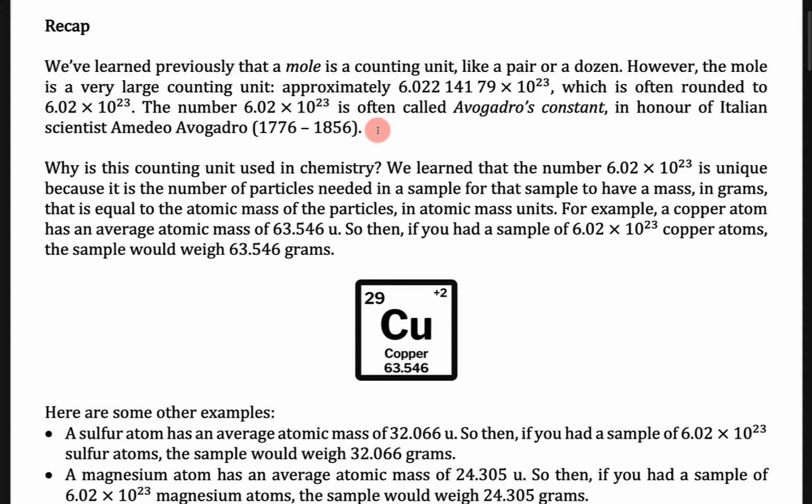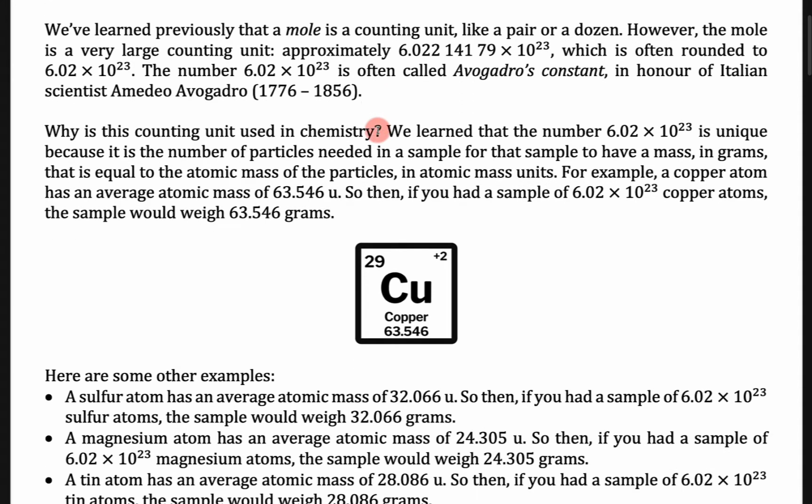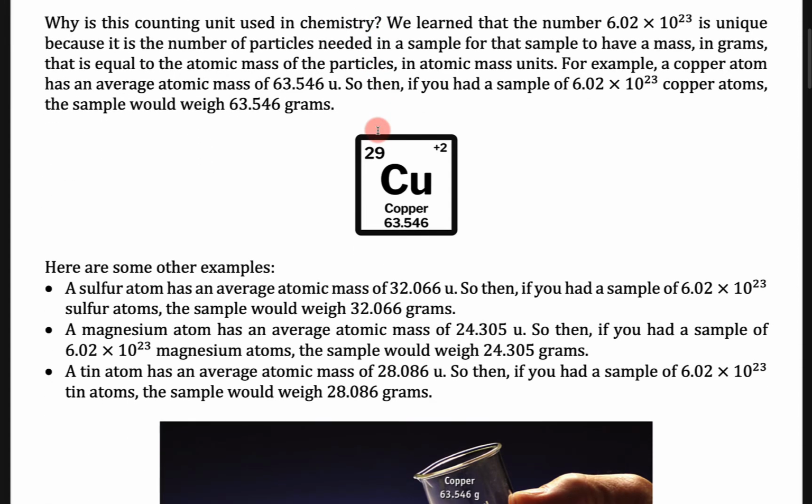But why is this 6.02 times 10 to the 23 number used in chemistry? Well, I'll highlight the answer. This is the official answer to the question of why 6.02 times 10 to the 23 is unique. And this is a bit of a mouthful, so I'll just read out loud what is highlighted here.